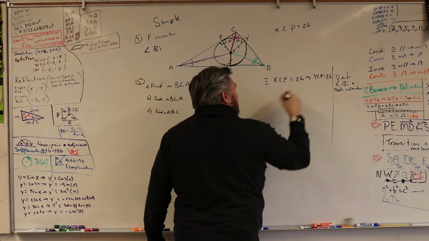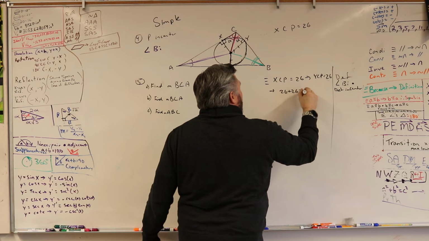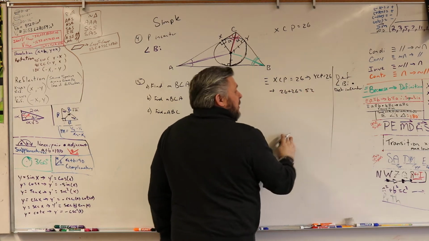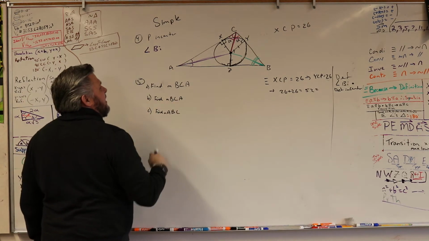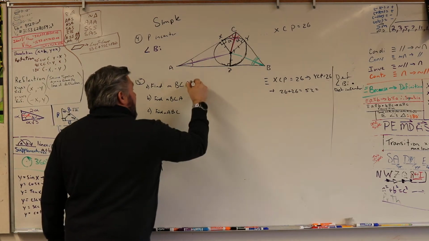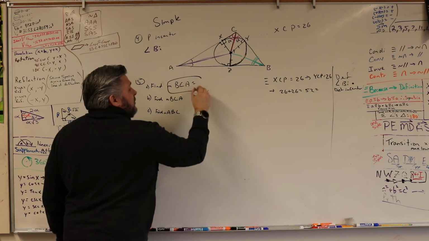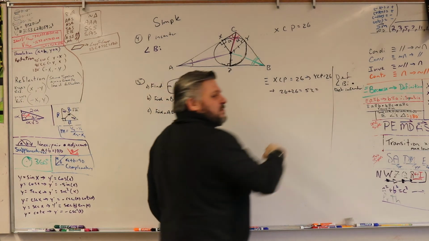So then, 26 plus 26 equals 52, which would equal, and is that any of these? BCA? ACB? Right? So that means that this one is 52, right? Why?